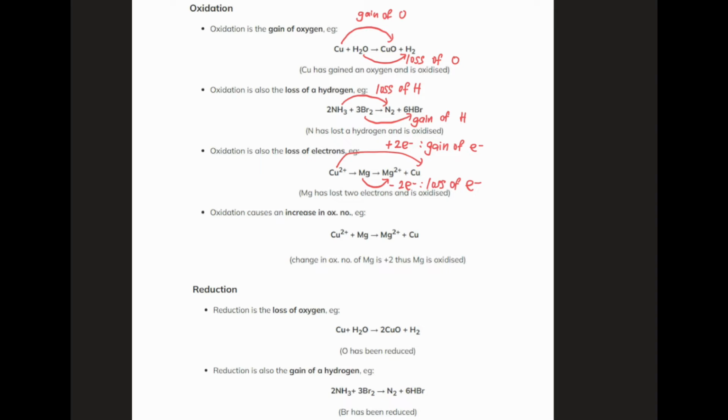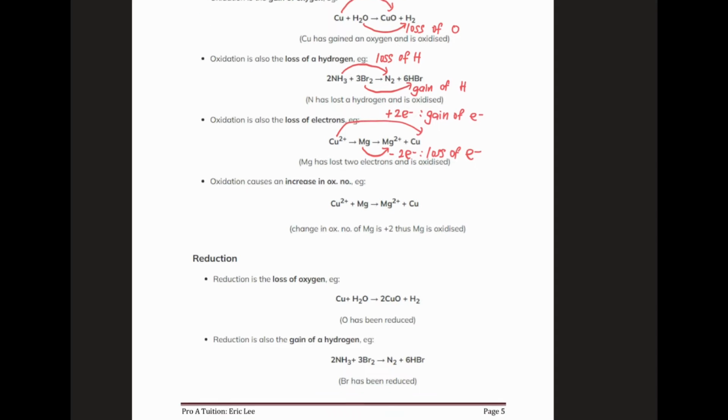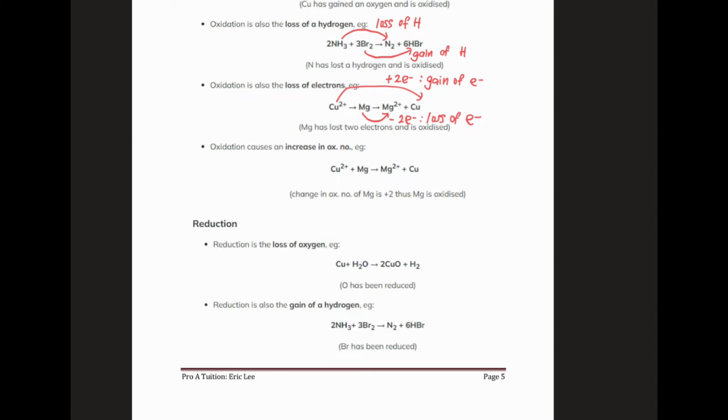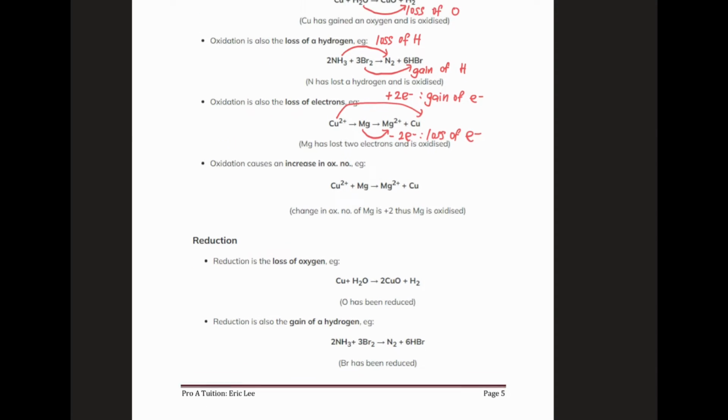So that means we can say here, magnesium is oxidized. Magnesium has lost 2 electrons and is oxidized. Of course we can look at the bottom at the same time, but we can just take it in this way straight away.